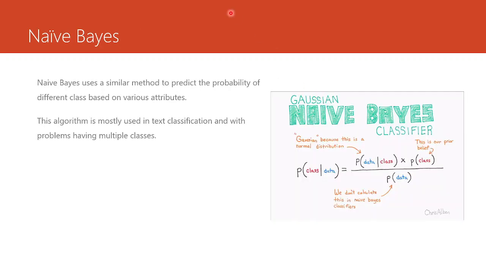Then we have naive Bayes. What is naive Bayes? This is also famously called Gaussian naive Bayes. The Gaussian naive Bayes is a similar method to predict the probability of different classes based on various attributes. Given the attributes, we can find the possibility that something can occur. Suppose someone tells us some attributes, like there are clouds outside and the wind is blowing very fast, then we can say there's a possibility of having rain.